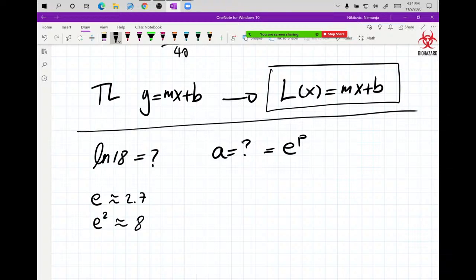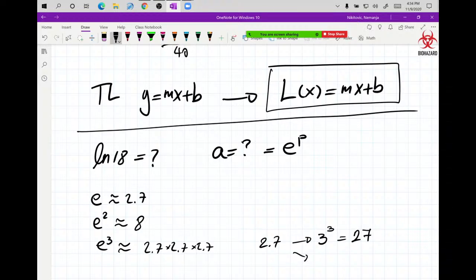All right. e cubed. Well, e cubed is 2.7 times 2.7 times 2.7. That's like 3 times 3 times 3, that's 27. But if you have 2.7 and you approximate that as 3 cubed, you have 27.